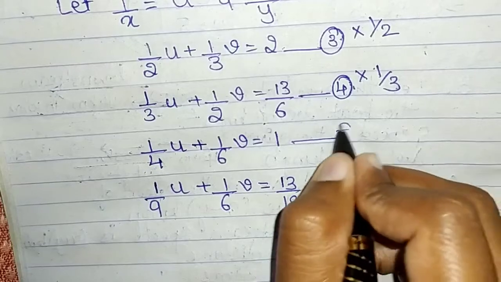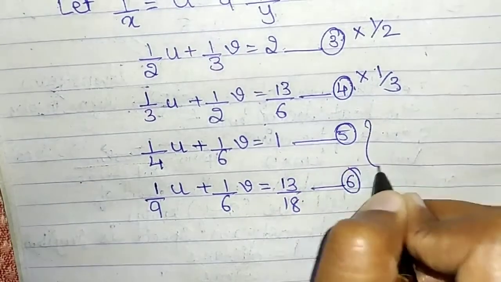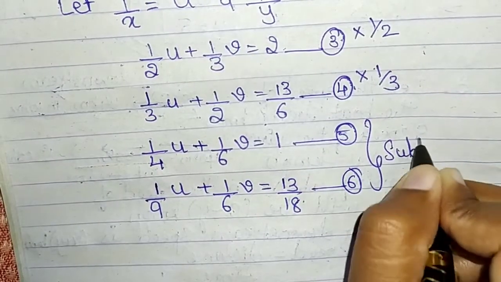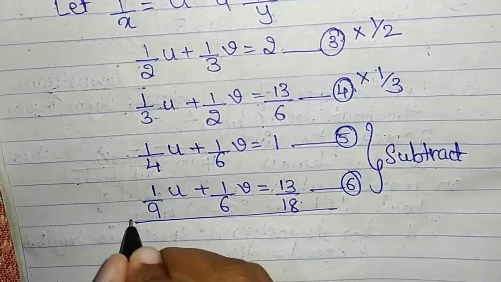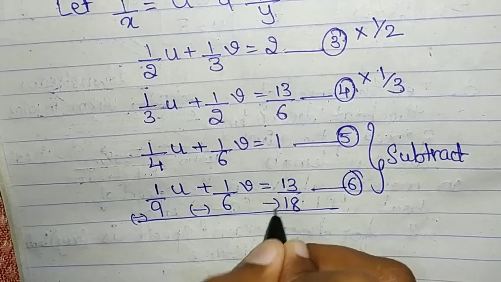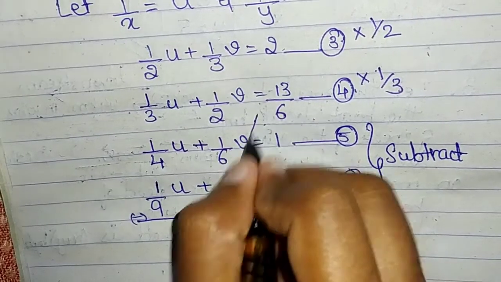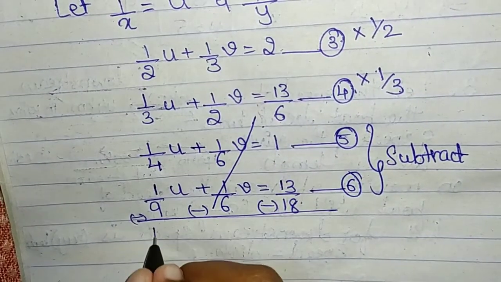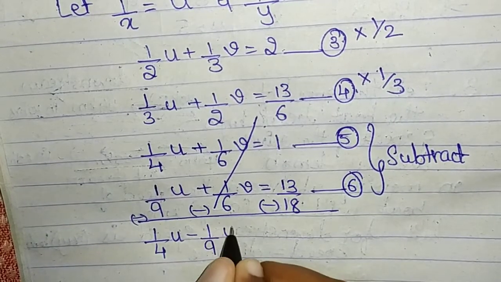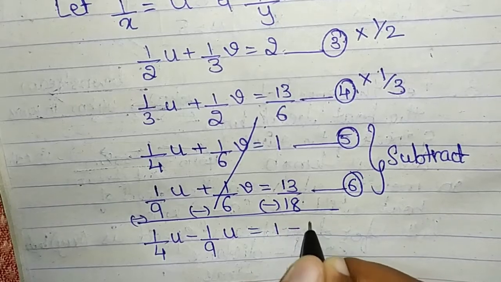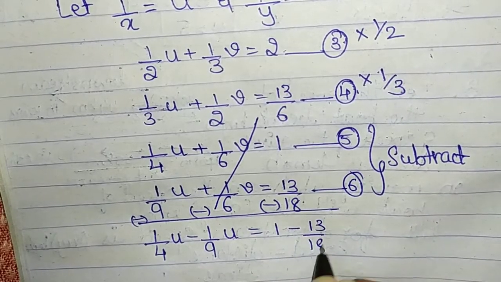So this is equation 5 and equation 6, which we will be subtracting. On subtraction, first the signs will change. 1 by 6v minus 1 by 6v cancels each other. We'll get 1 by 4u minus 1 by 9u is equal to 1 minus 13 by 18.